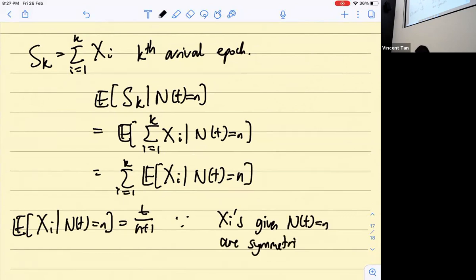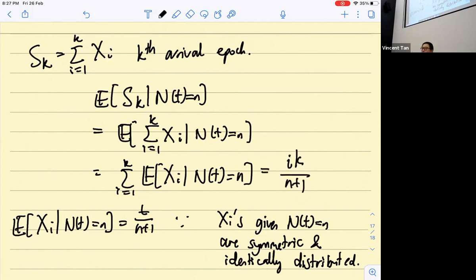I already told you, symmetric and identically distributed. They're the same distribution. So certainly they have the same mean. And we know the mean of the first one. So the mean of everybody else must be the same. So this becomes K T over N plus 1.